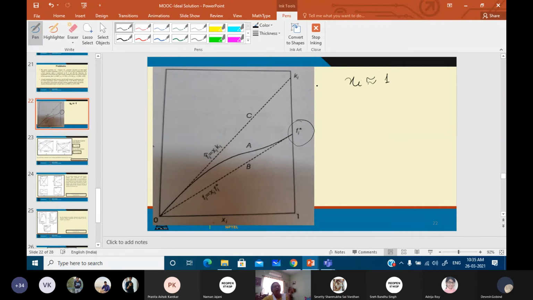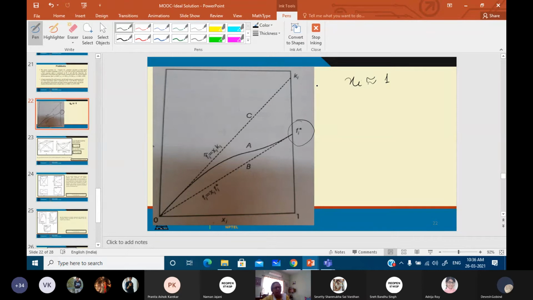Because the moment I have a large amount of alcohol and I add 1 mole of alcohol to it, the alcohol is more or less in its own environment, right? Same thing happens for a large excess of water in the water alcohol mixture. So always remember, for any particular solution, whenever a component is in large excess, that component obeys the ideal solution model. This part is clear to you?